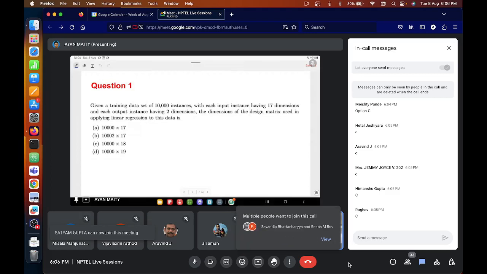Does anyone think any other option other than C would be correct?